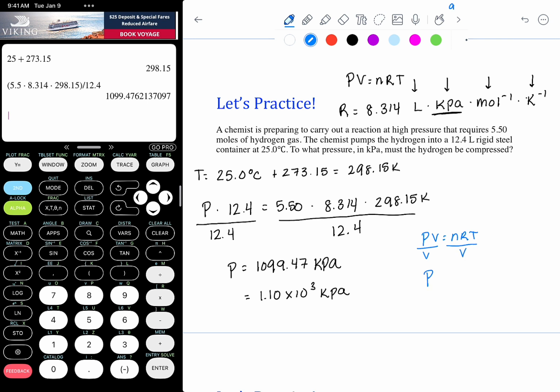So that would be pressure is equal to nRT over volume. Then once you've rearranged your equation and you have your variables in the right spot, then plug in your numbers. It's easier to rearrange than if you were to plug it in originally, because sometimes those numbers can get mixed up.